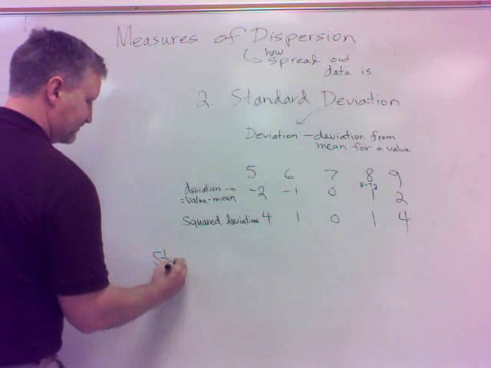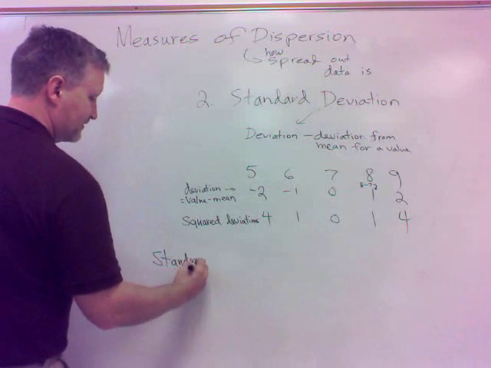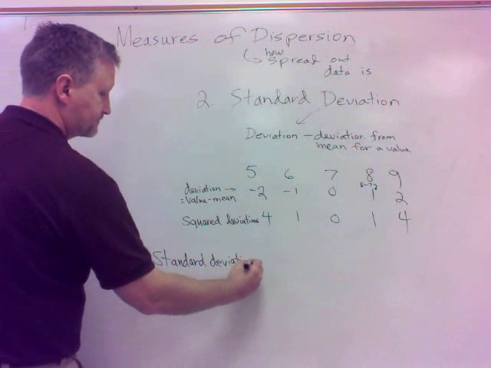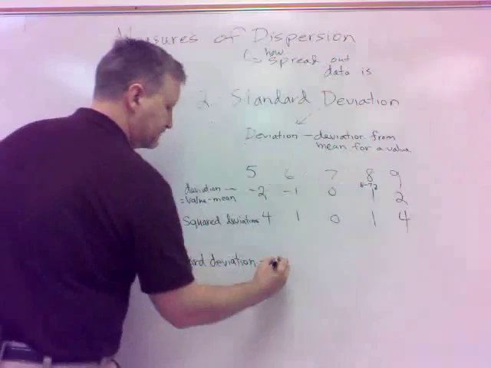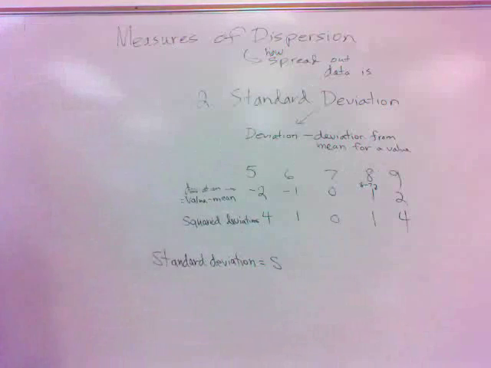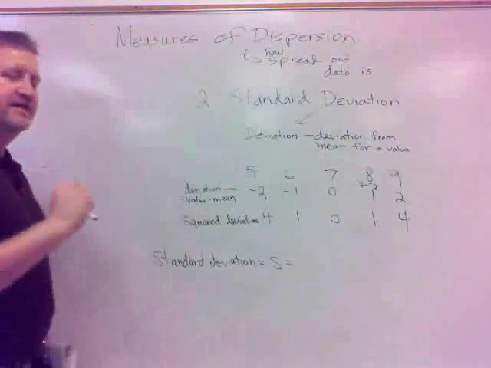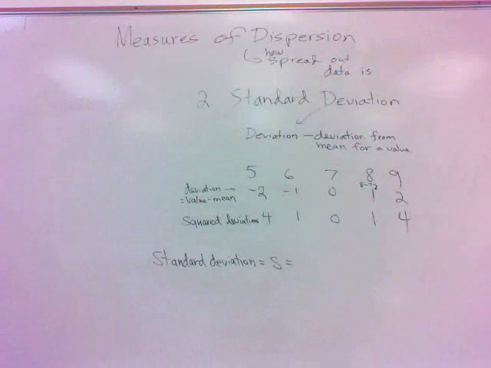Here it is. First of all, the letter designation for standard deviation is S. In statistics, S usually means standard deviation. Here's how I'm going to compute the standard deviation.